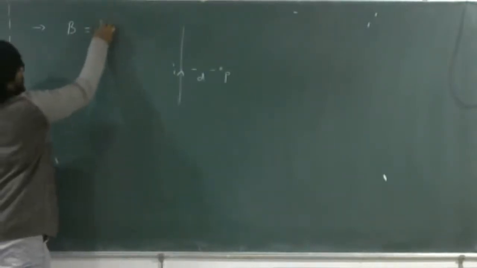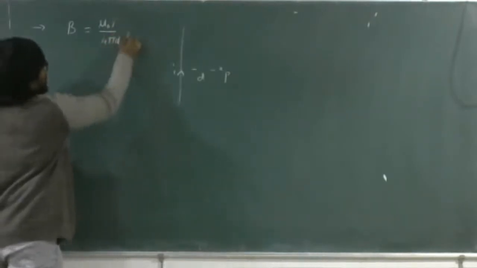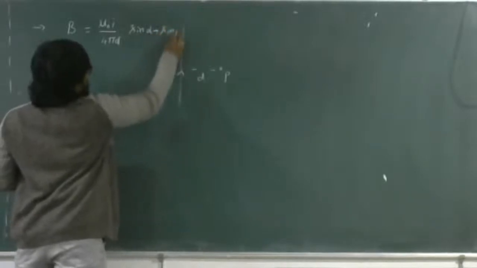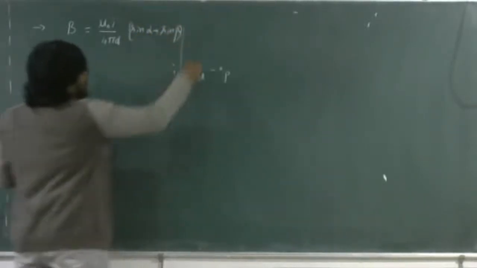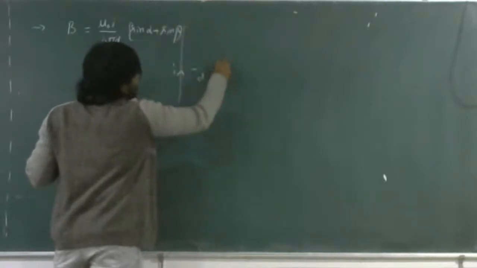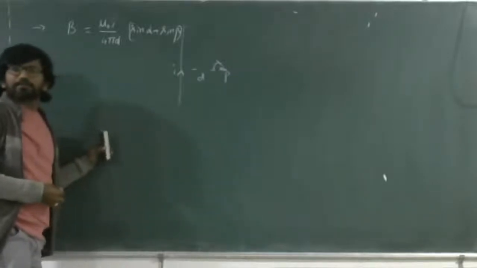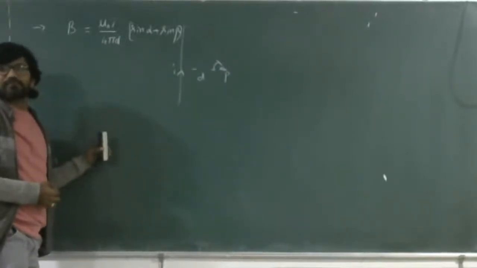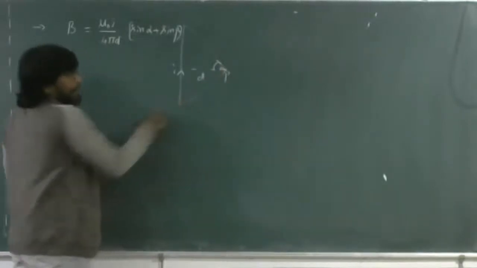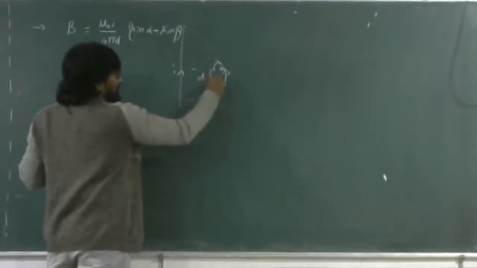B is equal to mu naught I by 4 pi D into sine alpha plus sine beta, where alpha is the angle made by the line drawn from the top end to the point, from the perpendicular line, and beta is the angle made by the line drawn from the bottom end from the perpendicular line.